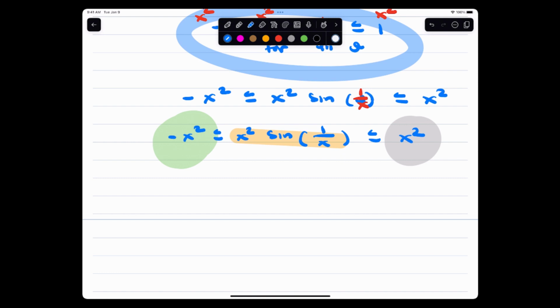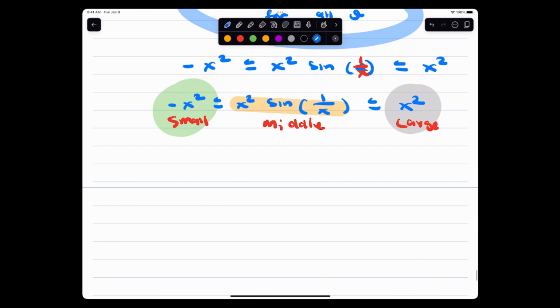Did you guys see what I'm saying? This is your smaller function. This is the middle. And this is the larger function.